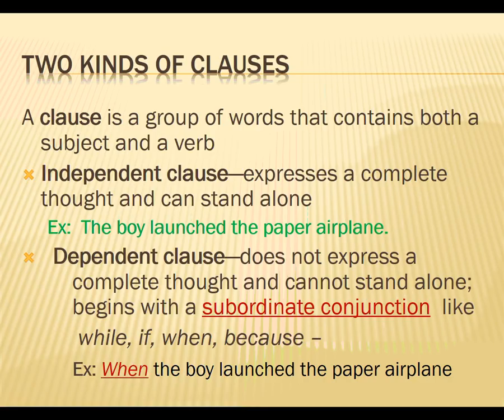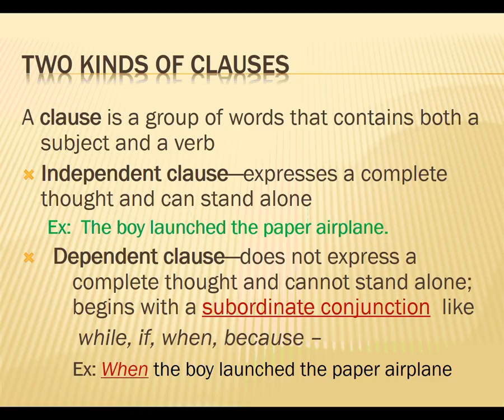Another type of clause, a dependent clause, does not express a complete thought and cannot stand alone. Additionally, dependent clauses begin with a subordinate conjunction. Some examples of subordinate conjunctions are while, if, when, because. An example of a dependent clause is when the boy launched the paper airplane.